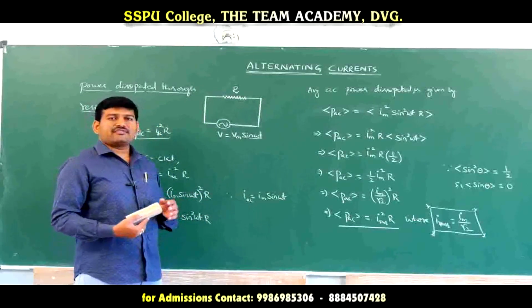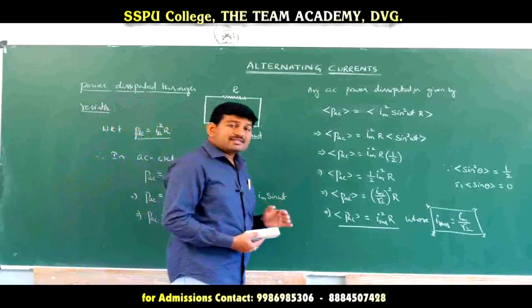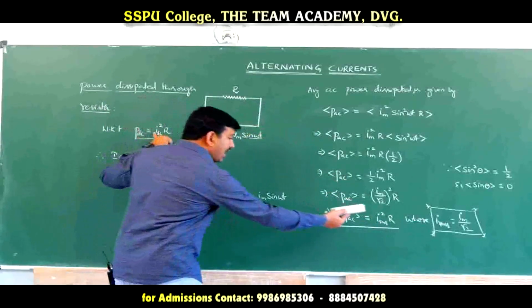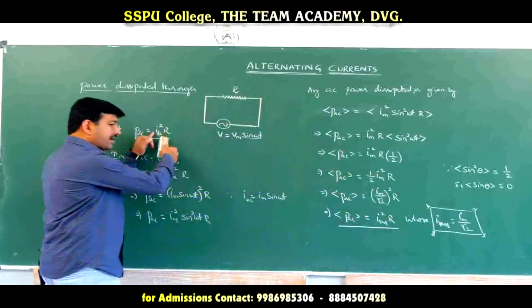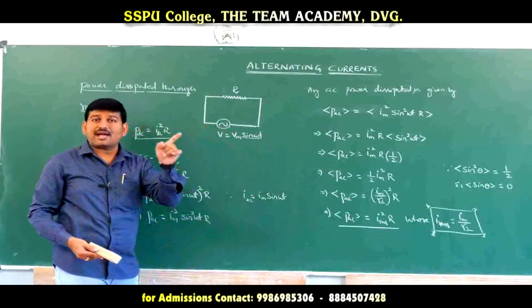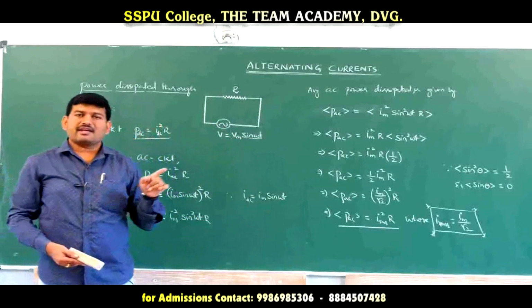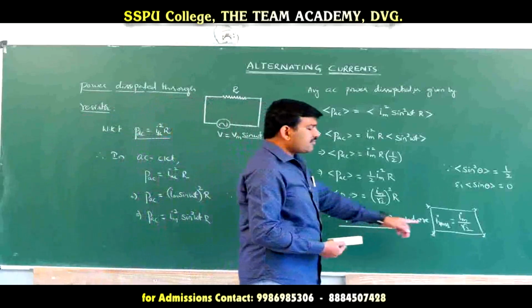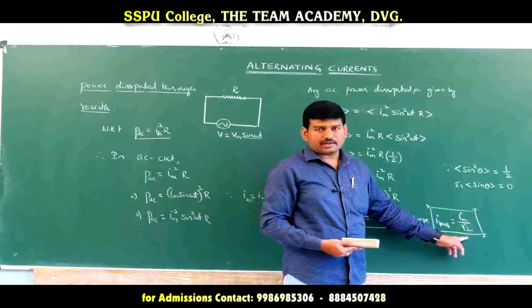RMS current is, by comparing these two equations, that DC current which, when passing through the same resistor, will produce the same heat as that produced by the AC current passing through it, and its value is given by IRMS is equal to Im divided by root 2.